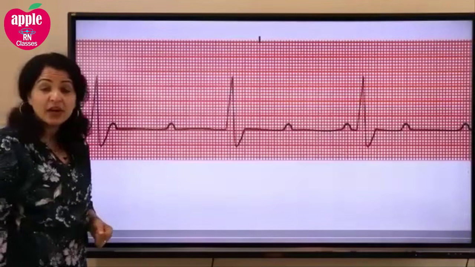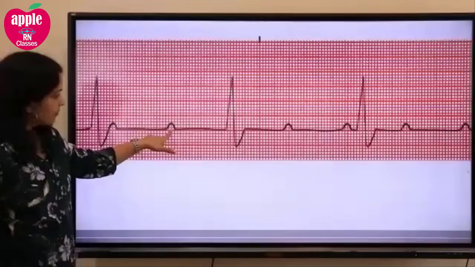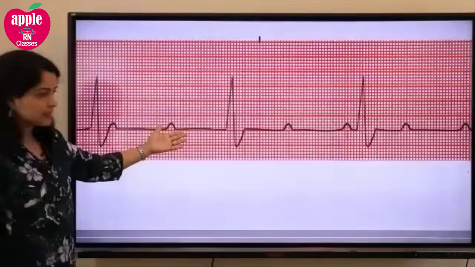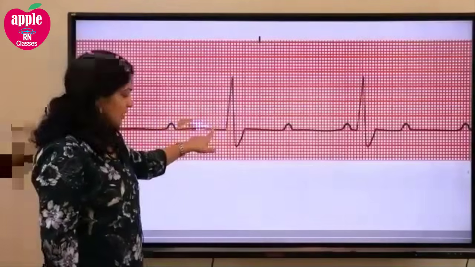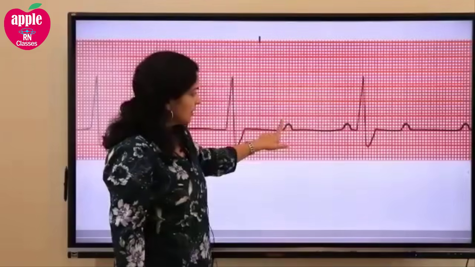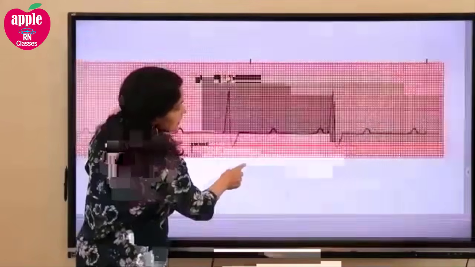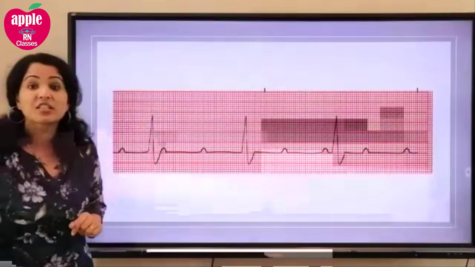So in this one, if you look at it, there is a P, there is no QRS, there is a QRS, there is no P. Then there is a P, no QRS. Then there is a P, there is a QRS. Then there is a P, there is no QRS. So basically, they are not having any association.